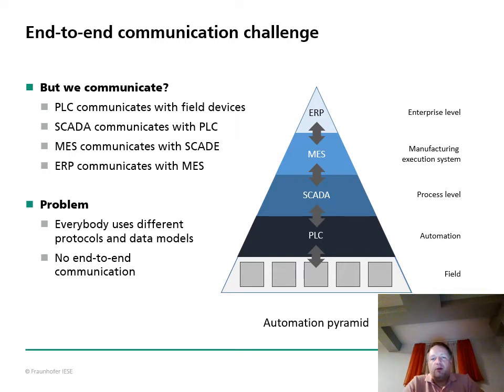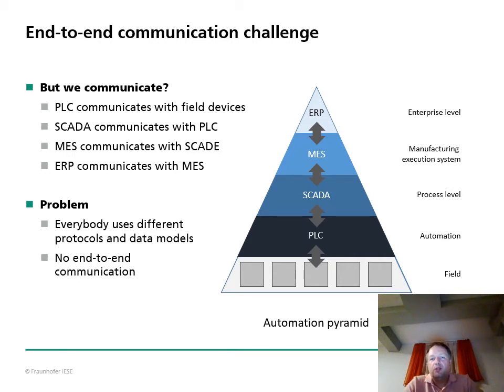And the reason for this layered architecture is that everybody is using different protocols and data models. ERP systems usually provide an interface, for example, with HTTP REST web services. MES systems do the same, but they have connectors to the field. PLC controllers, some of them are able to do HTTP REST, others use OPC UA.